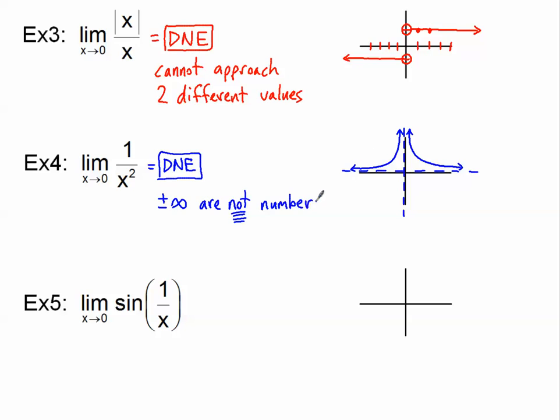And our limit definition clearly says we must be approaching a number L. Infinity and negative infinity are concepts. They are not considered numbers. So when we are increasing without bound, or sometimes we'll be decreasing without bound down to negative infinity, that limit does not exist because those are not numbers.